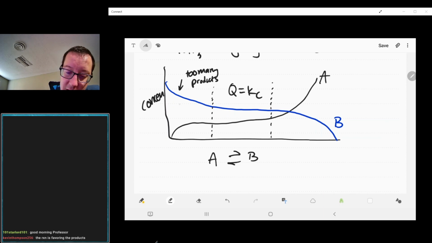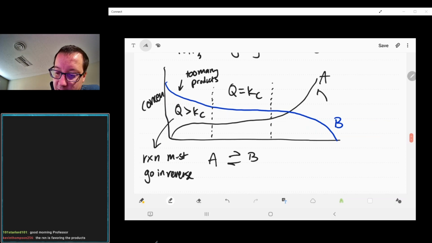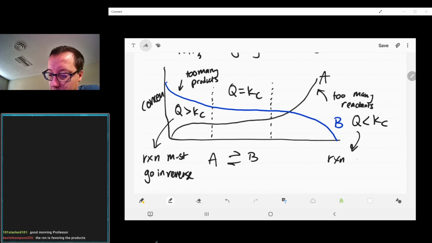If you have too many products, that's the same thing as saying Q is greater than Kc, and then the reaction must go in reverse. Because it's favoring the products, it's not allowed to do that, so it has to go backwards. If, on the other hand, you have too many reactants, that means your Q is going to be less than Kc, and the reaction must go forward.